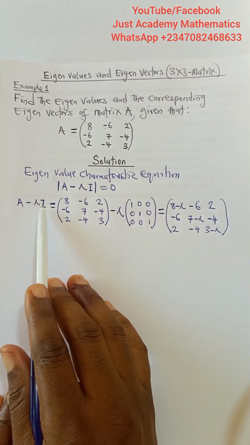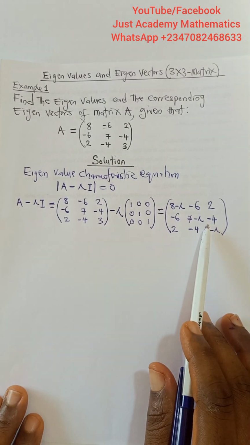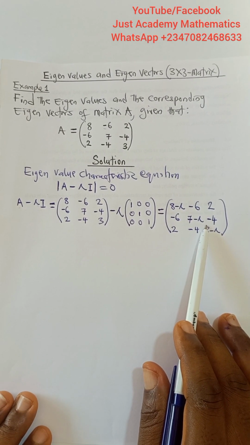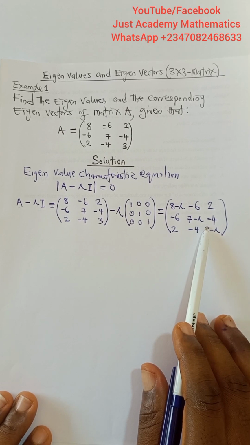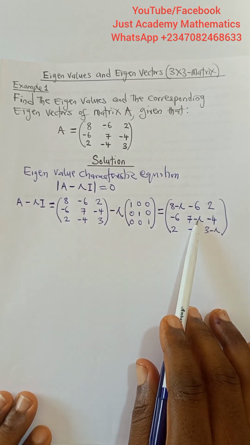So look at this now. Are you getting it? The next thing we are going to do is to find the determinant of this and set it equal to 0.